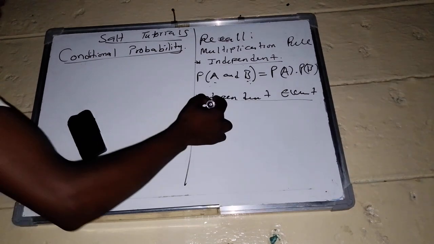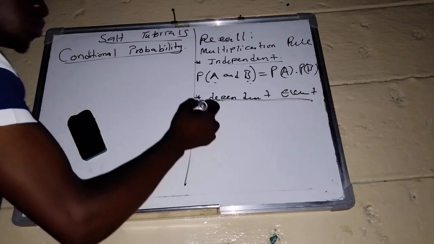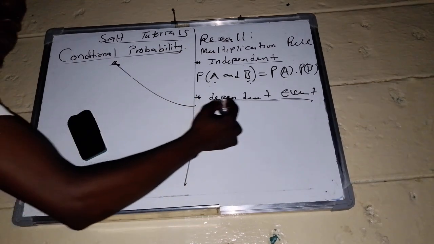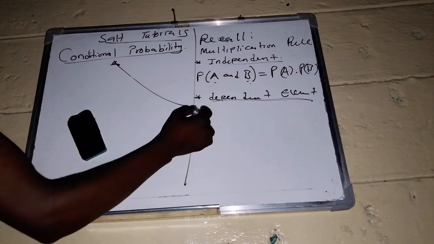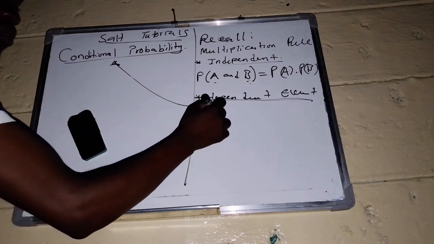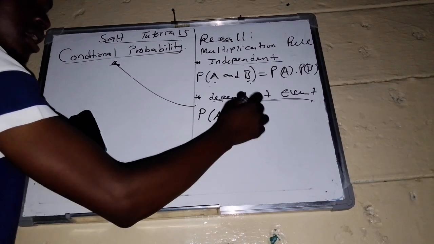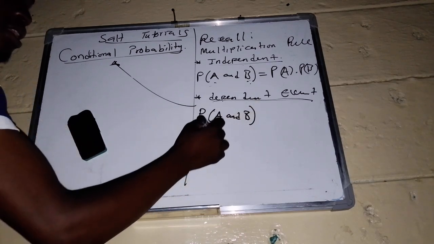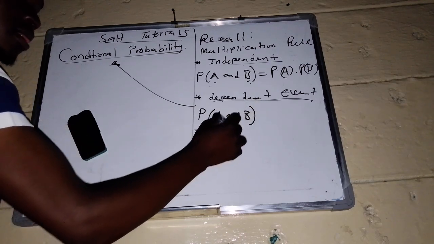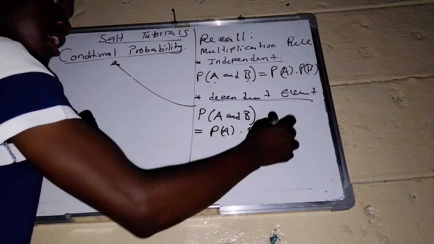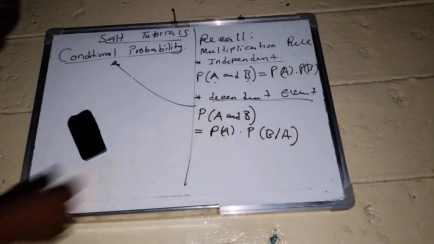So when it comes to dependent probability, this is where conditional probability is drawn from. What is a dependent event? In this case, the probability of A and B can be found by saying the probability of A multiplied by the probability of B, given that A has already occurred.